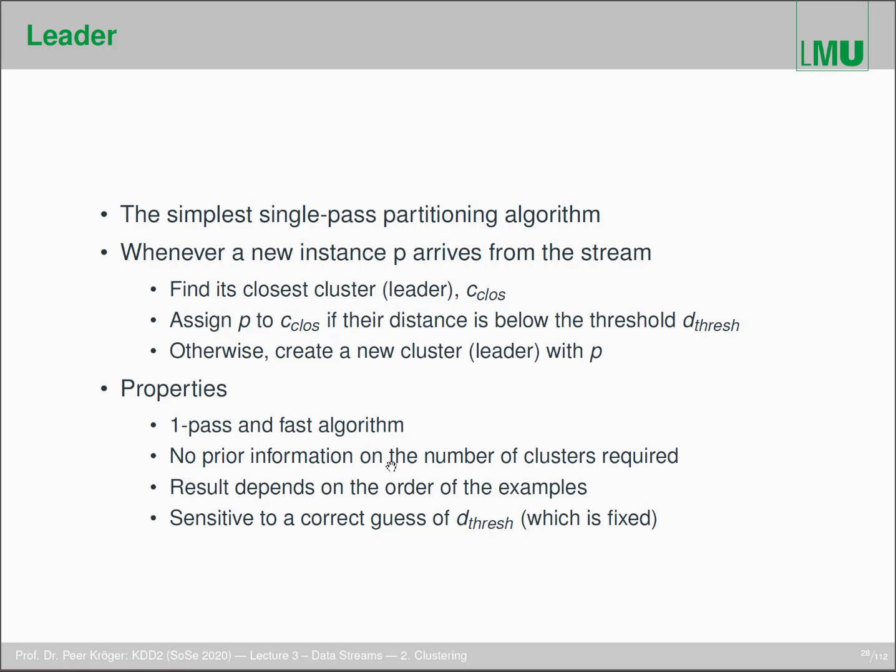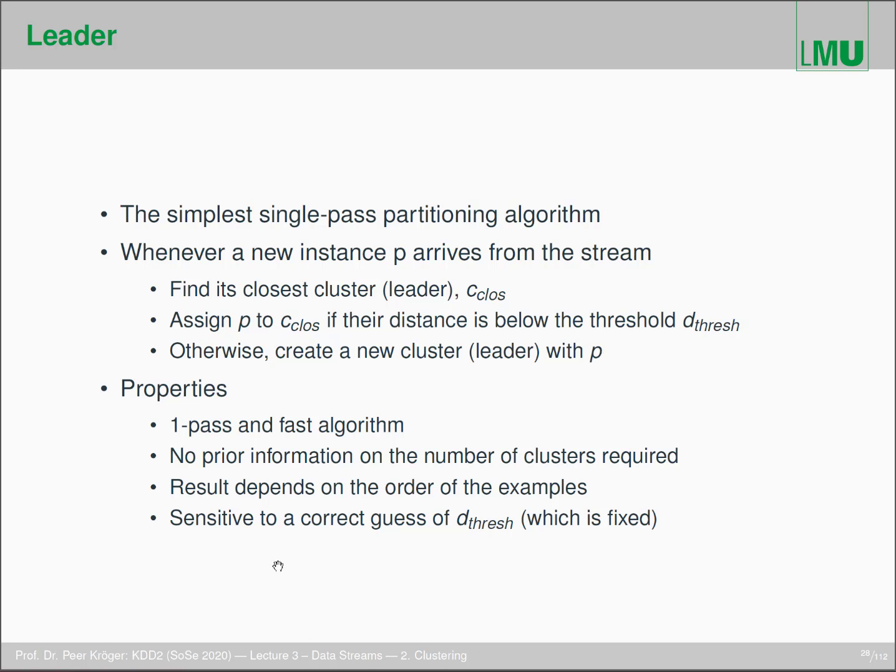We have no prior information on the number of clusters, because this is somehow implicit in this threshold here. Results are, however, dependent on the order of examples, obviously. So if the points would appear in a different order from the stream, the results may be different.